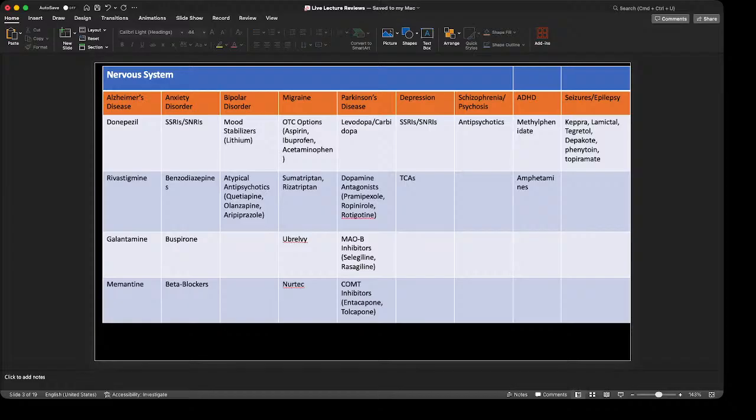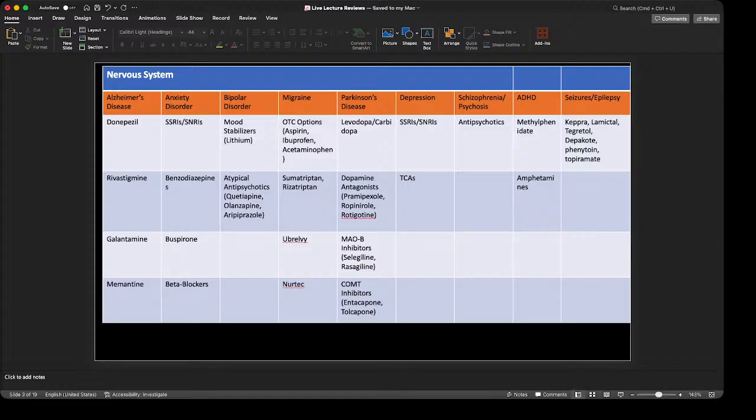If you get a case question on the exam about that, understand what the second generation antipsychotics are and some of the defined side effects as you're reviewing that.